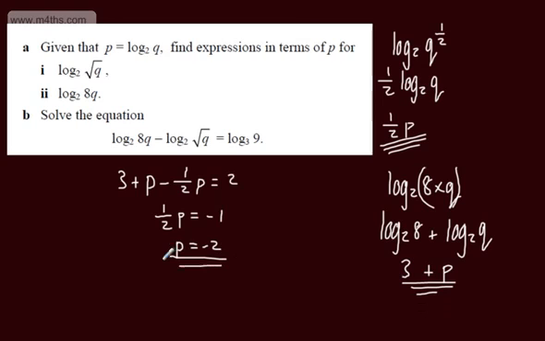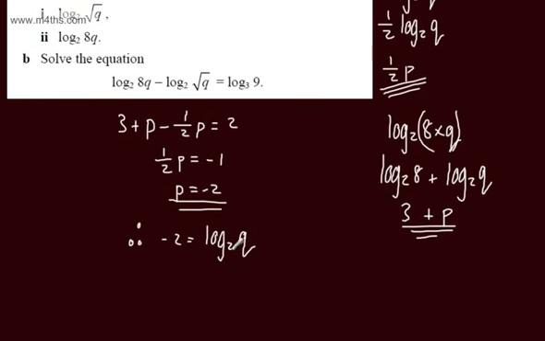Now, all we need to do at this stage is solve this equation. We're not solving here for p, we're solving for q. So let's now go to the start and just write this in. Therefore, what we can say is minus 2 is equal to log to the base 2 of q. So rewriting now the exponential equivalent, 2 to the minus 2 is equal to q.